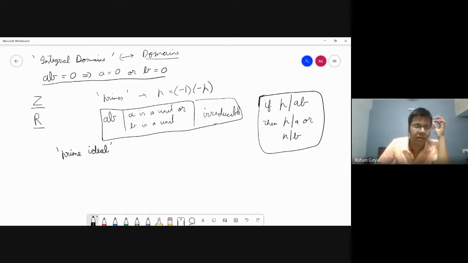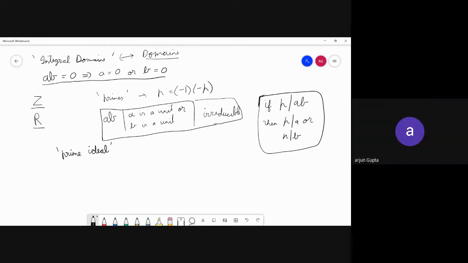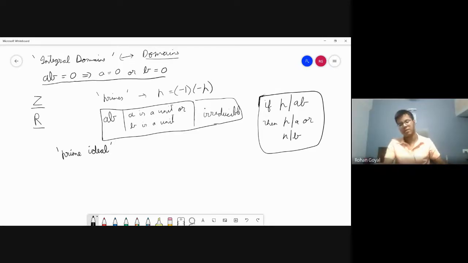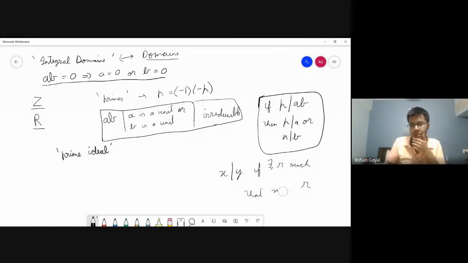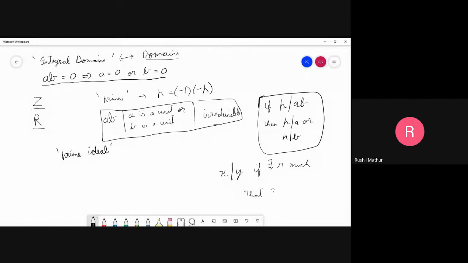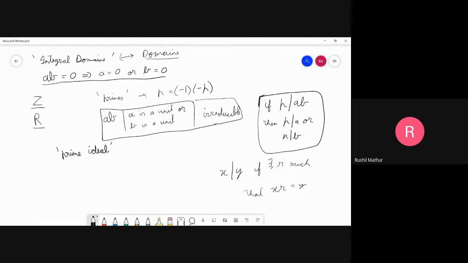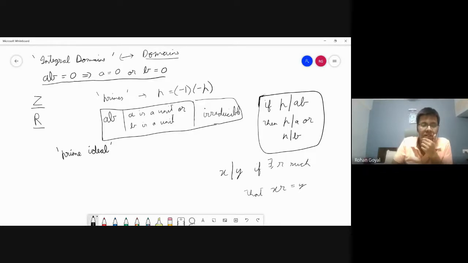Z/PZ is again a field. My brain is going blank. So it's already there. I mean, divisibility: x divides y if there exists r such that xr equals y. My god, I'm insane today. Okay, cool. Sorry, I'm being crazy today.